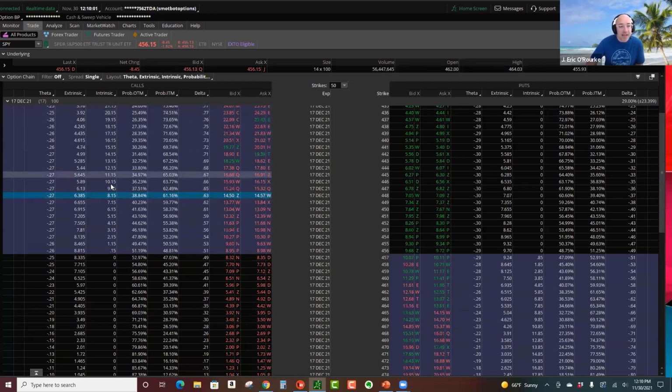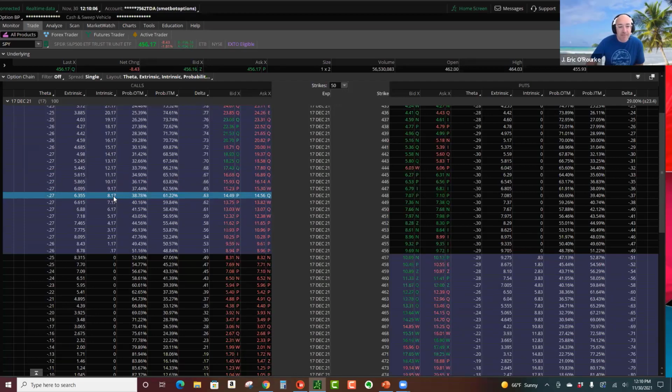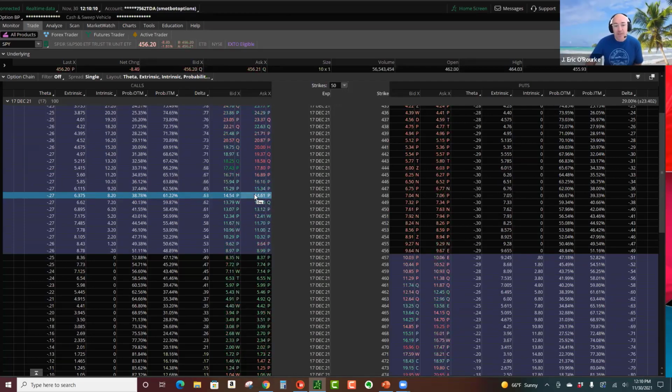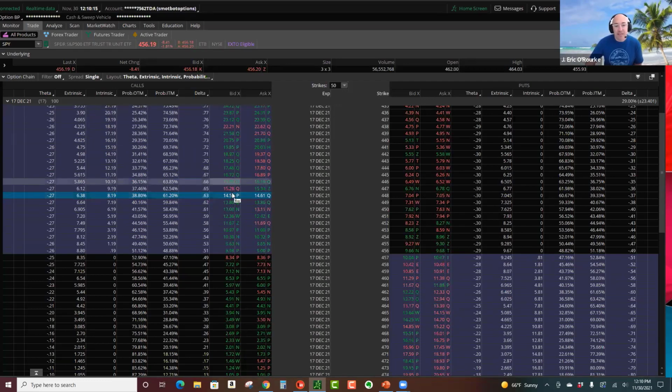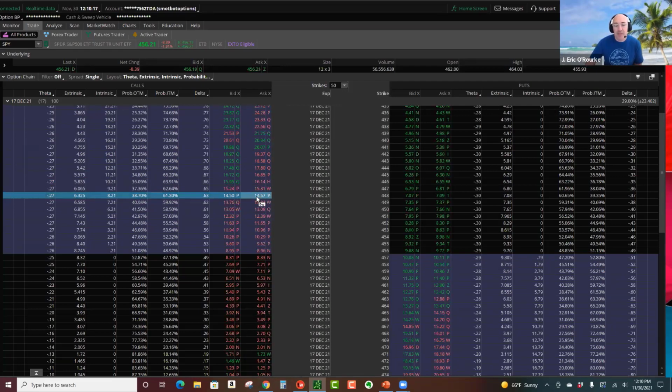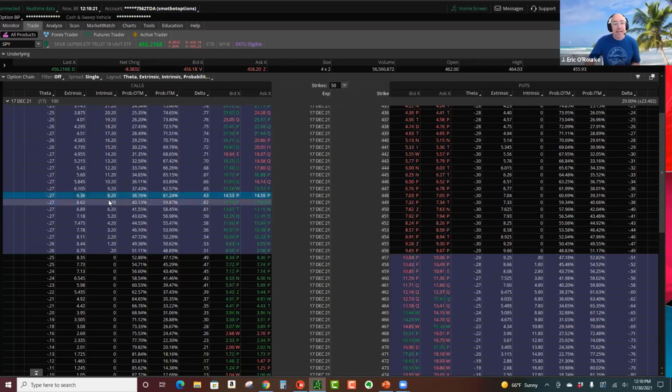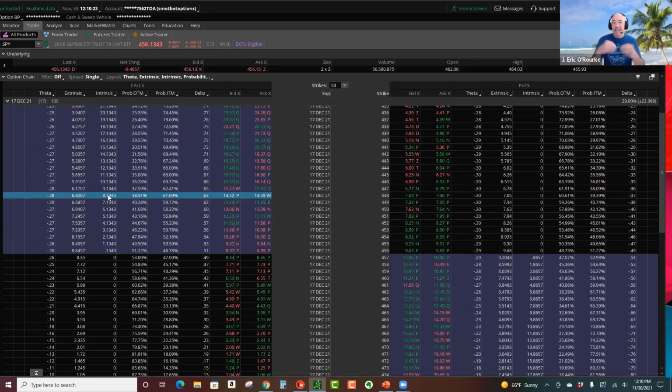The intrinsic value of this option is $8.15 or so. The value of the option right now, though, is $14.50. So with 17 days left, this option is considered in the money because it has intrinsic value right now.